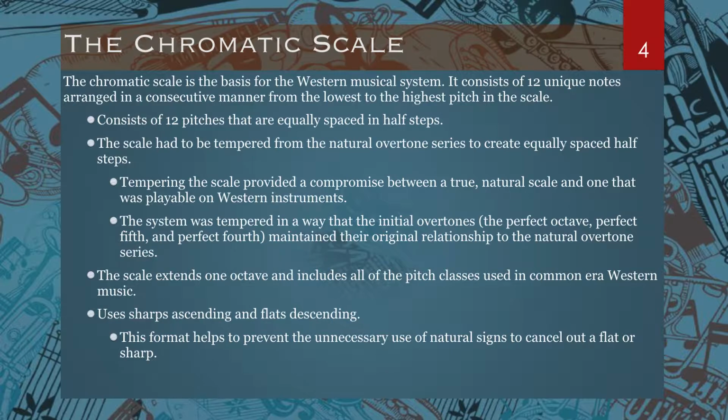So if you had an E flat going up to E natural, you'd have to put a natural sign in. If you used a D sharp going to E natural, then you wouldn't need a natural sign on the E. It just makes it easier and more clear for the performer if you use sharps ascending and flats descending.